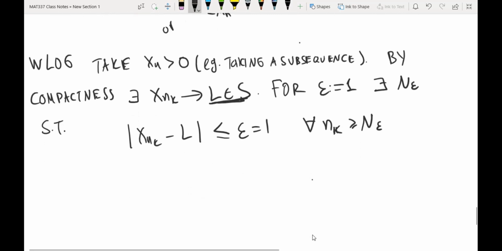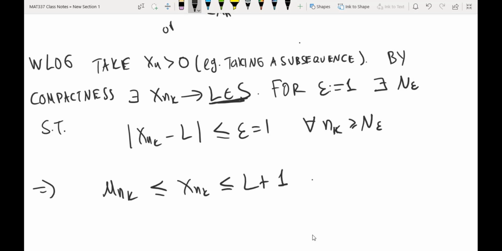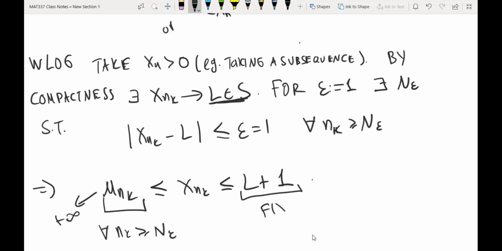So if you open this up, you get the following problem. Here you have arbitrarily big things. So this goes to plus infinity, but this is fixed.